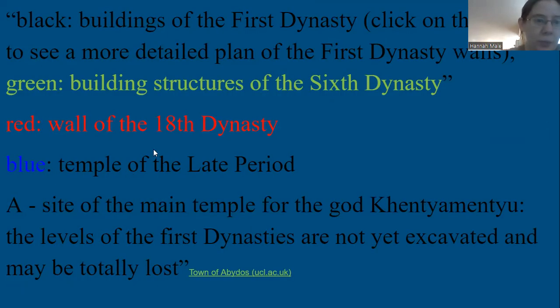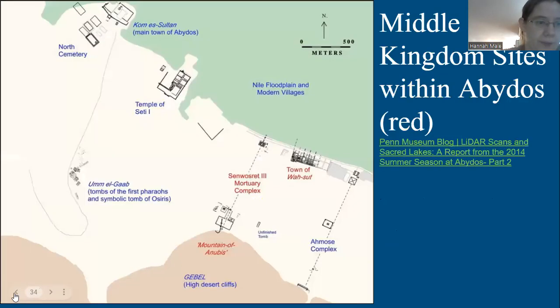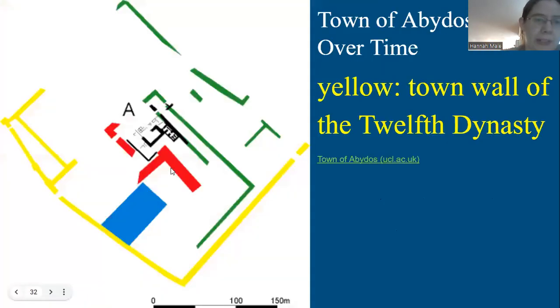And then we have red. So here, these are the walls or settlement layers from the town of Abydos during the New Kingdom. And then blue, so here is the town layers from the late period as well.